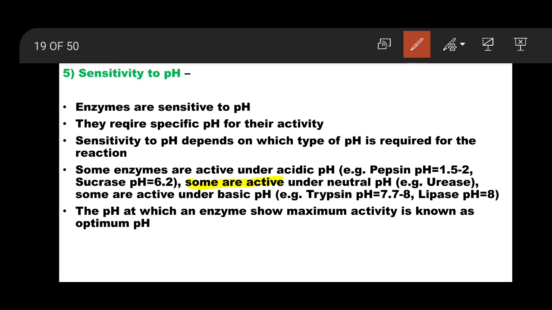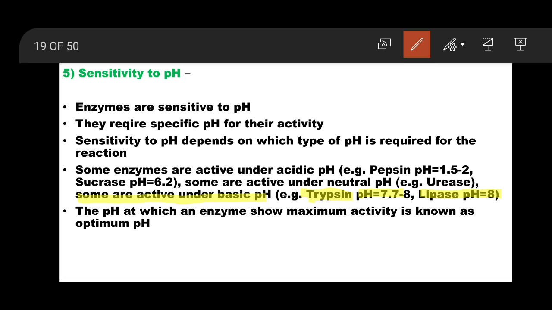Some enzymes are active under neutral pH, for example urease, for urea breakdown. Some are active under basic pH, that is above 7. For example, trypsin: the pH required for the activity of this enzyme is 7.7 to 8.